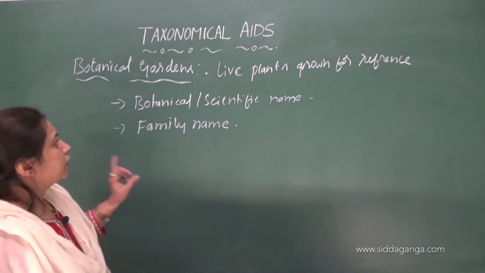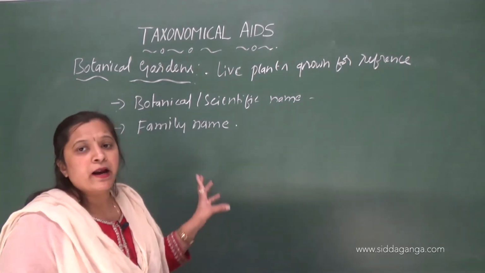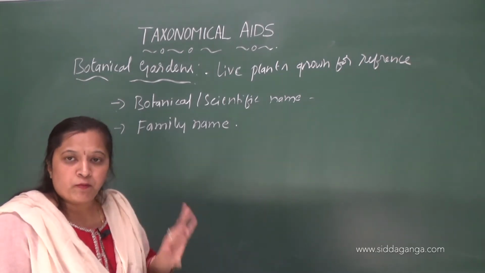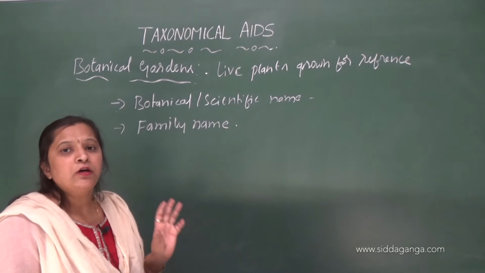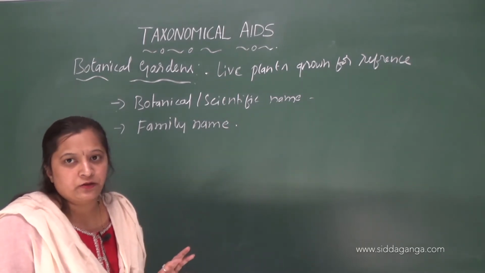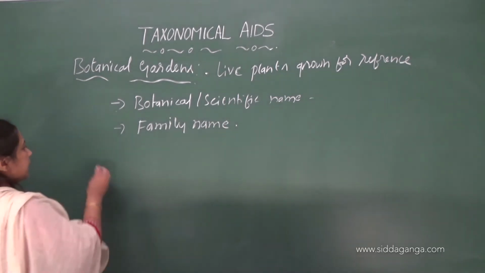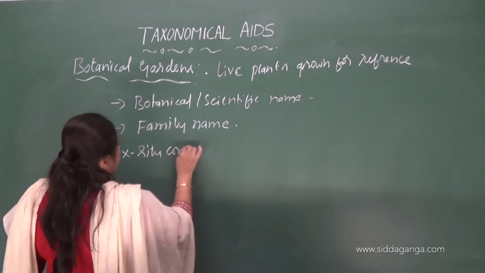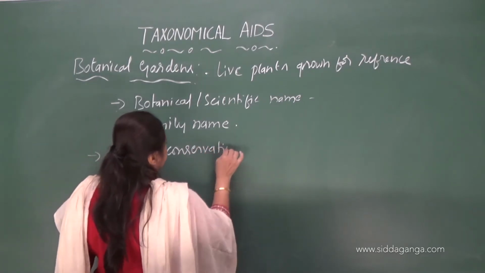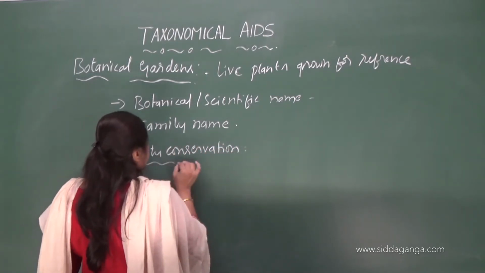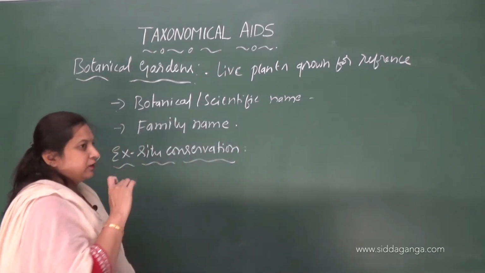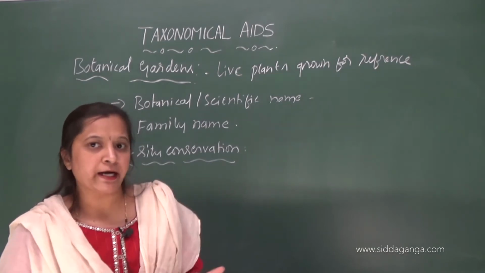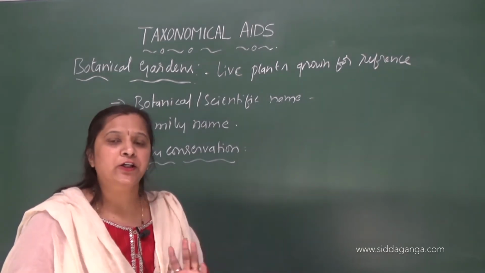So in botanical gardens, the living plants are grown for identification purposes, for botanical studies, and also for the conservation of plant species. So botanical gardens are an example of ex situ conservation. Ex situ conservation means the conservation of plant species outside their natural habitat.